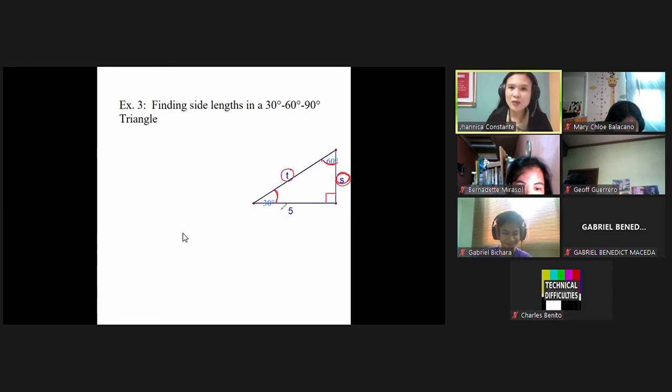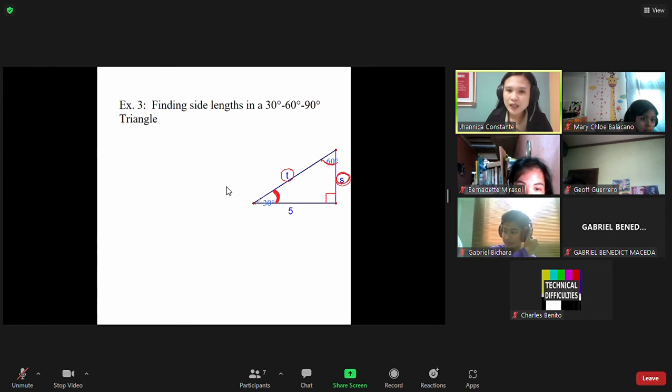Okay, let's say we're going to use the angle 30 degrees. So if we're going to use this 30 degrees angle, looking at the side that we're going to solve, which is side S, and we have the given measurement of the side, which is 5.